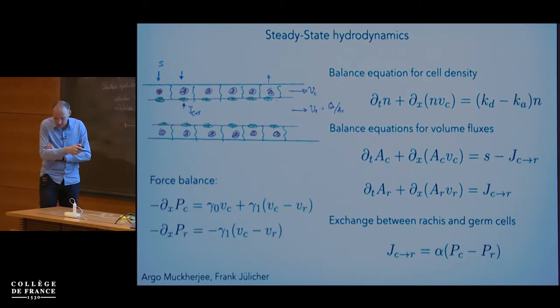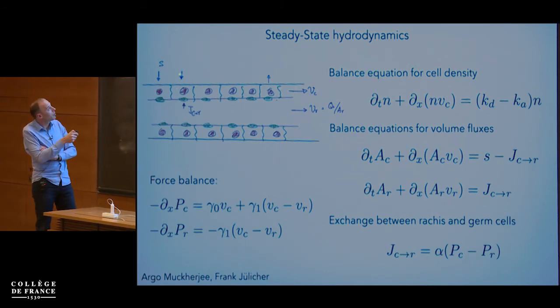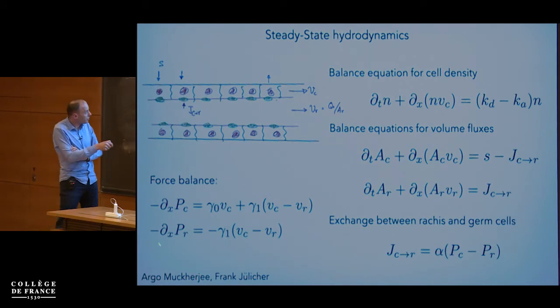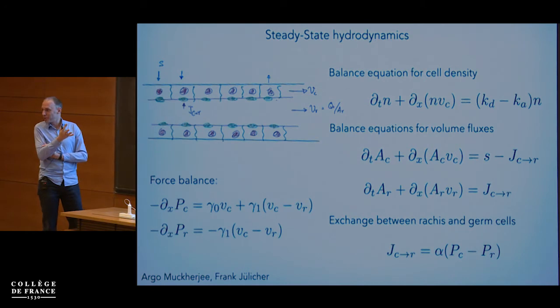This, together with the force balance equation, because the germ cells move, and they have friction with respect to the outside and with respect to the rachis. This is the friction with respect to the outside, this is the friction with respect to the rachis, and this difference in velocity between the rachis flux and the germ cells gives rise again to a dissipative force, which is balanced by this gradient of pressure here. So this is essentially a fully determined system.